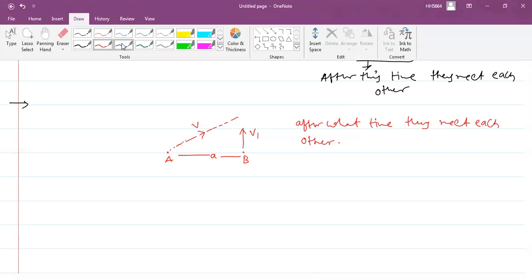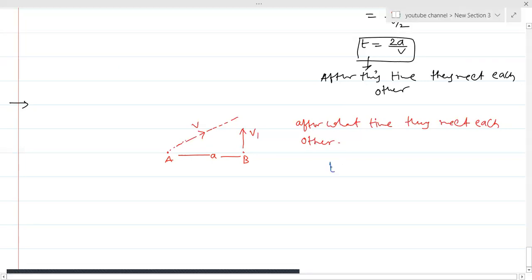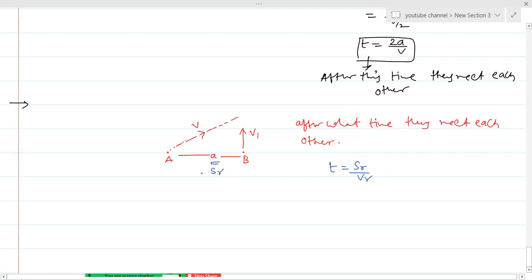As usual we are doing the same approach. Time is relative separation by relative velocity. The relative separation is a, so in the direction of relative separation only we take the relative velocity.